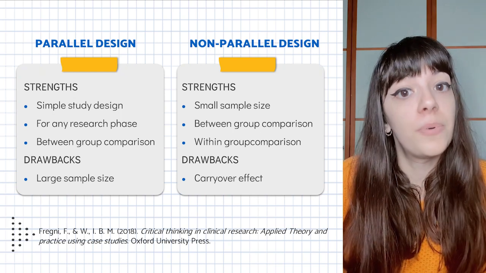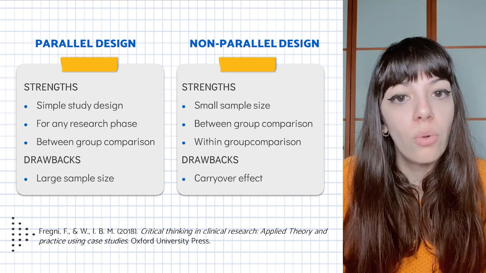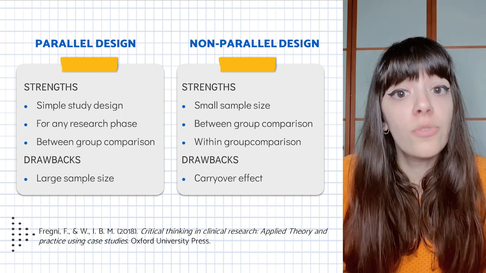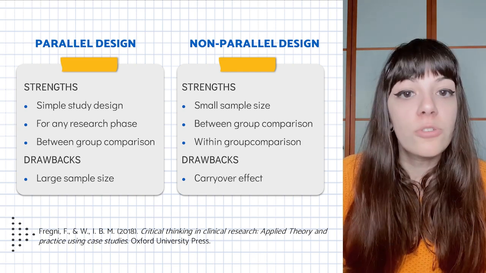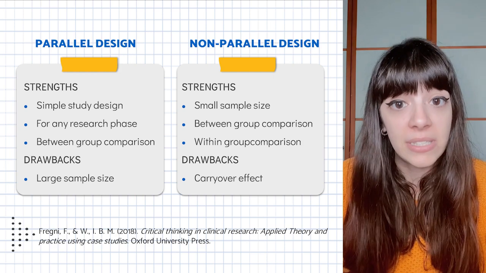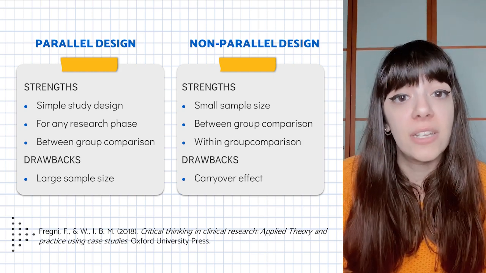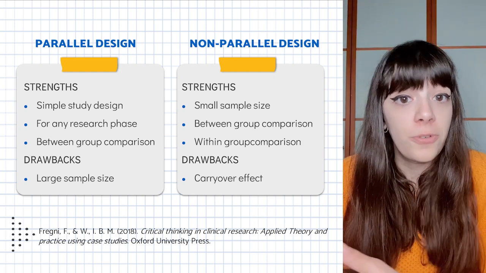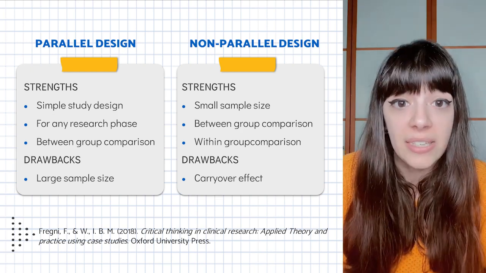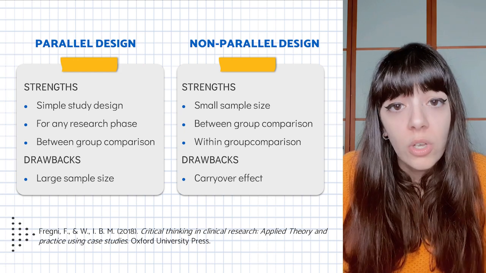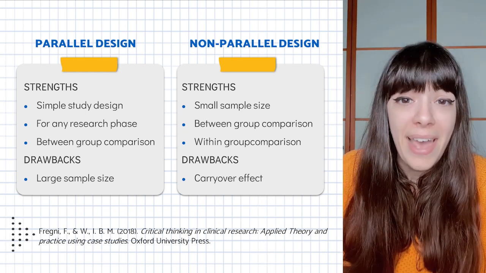Also, since the participants are the control of themselves, the crossover design doesn't only allow the between-group comparison, but also the within-group comparison. That is, how patients in Group A respond during the first phase compared to their reaction during the second phase. However, of course, also crossover designs have their drawbacks.